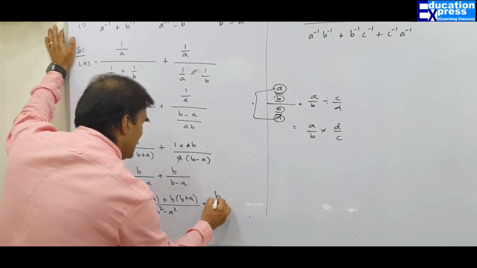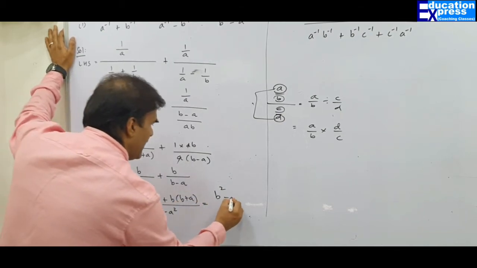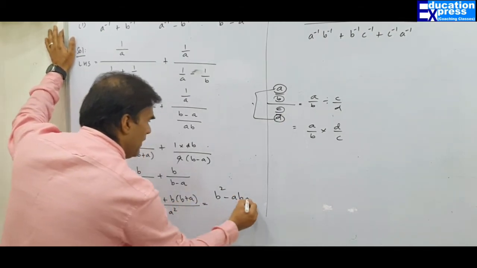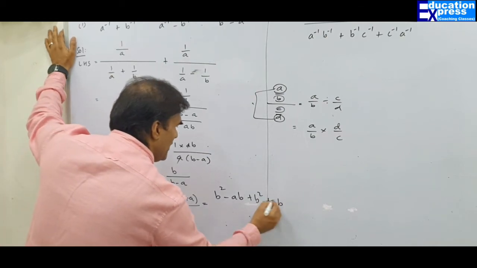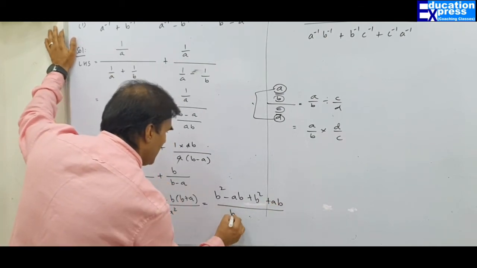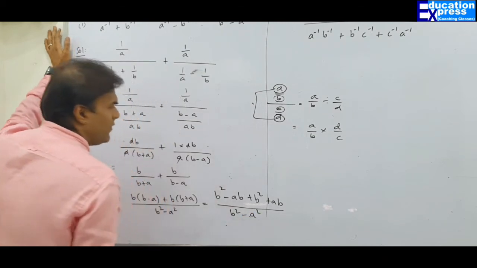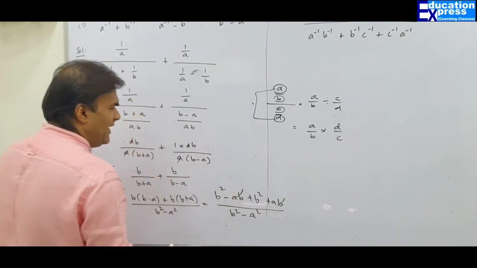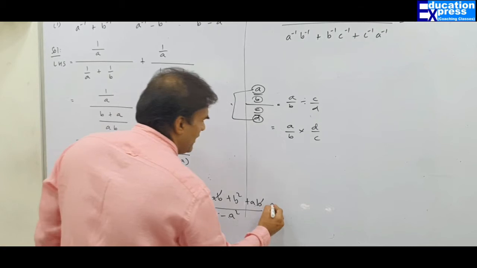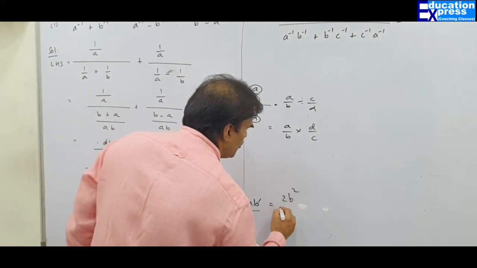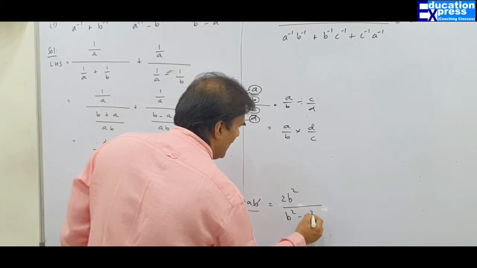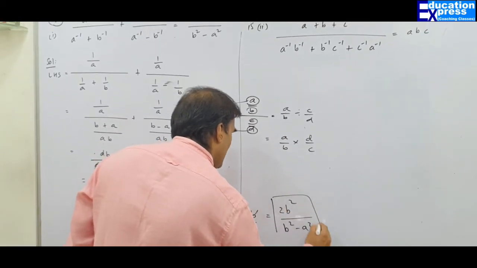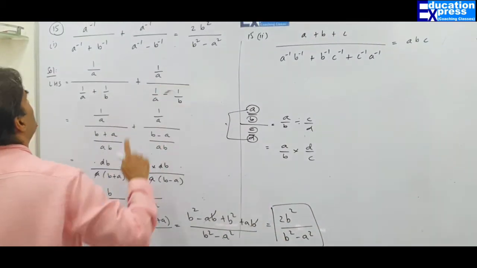So it will result in b square minus ab plus b square plus ab, the whole upon b square minus a square. If you notice, ab will get cancelled, b square plus b square, that would be 2b square, upon b square minus a square. So guys, this is how we got our solution.